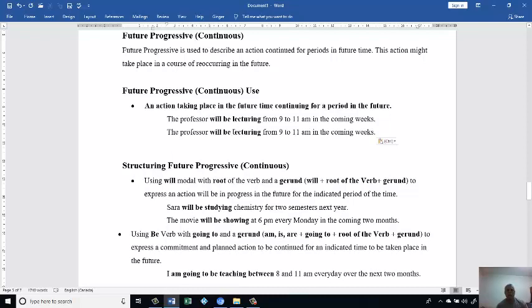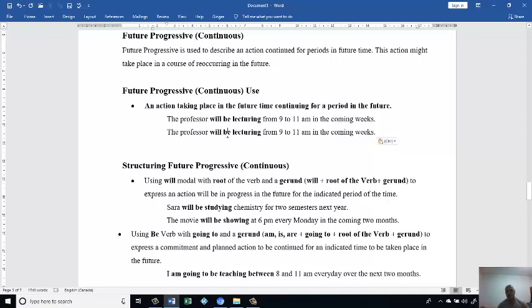If we look here, if we don't have this part, we call it future simple. And if we take this "will" out, then we say the professor be lecturing from 9 to 11 a.m. in the coming weeks. It means it's going to tell me a continuing action. But I cannot have "is" here, which is supposed to be switched with "be."